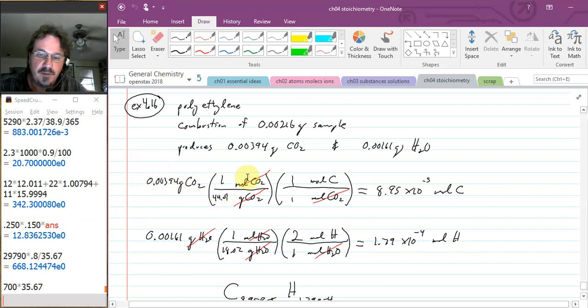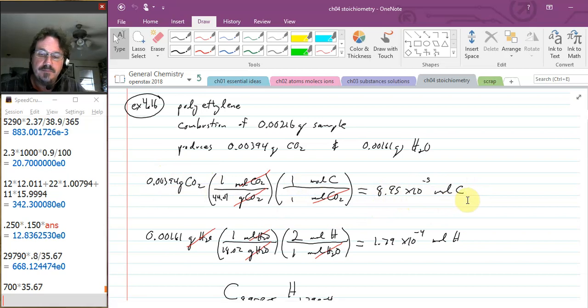I convert that to moles, and then I say, hey, in every one of those CO2s, there's exactly one carbon atom. So 1 to 1. Multiply that out. That many grams of carbon dioxide means there's 8.95 times 10 to the minus 5 moles of carbon. And remember, all of that carbon came from my hydrocarbon sample.